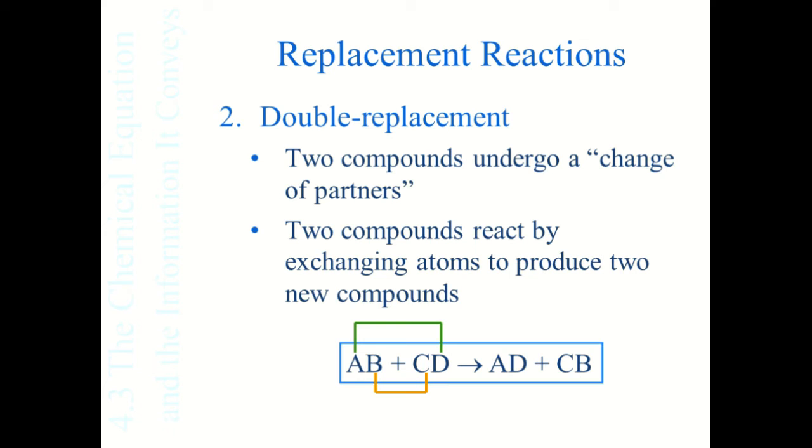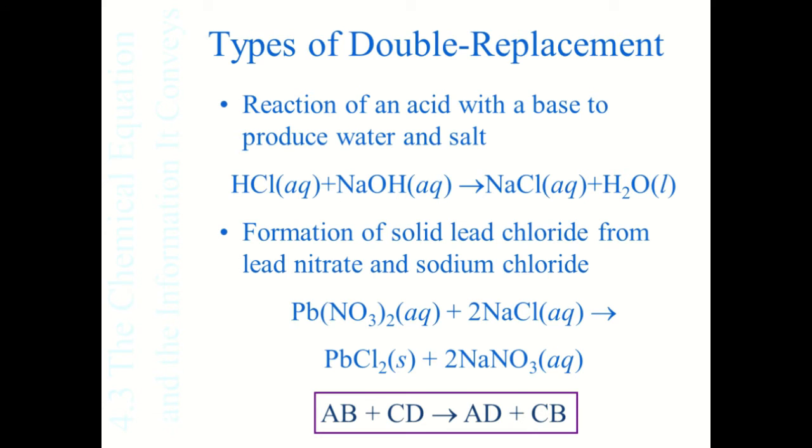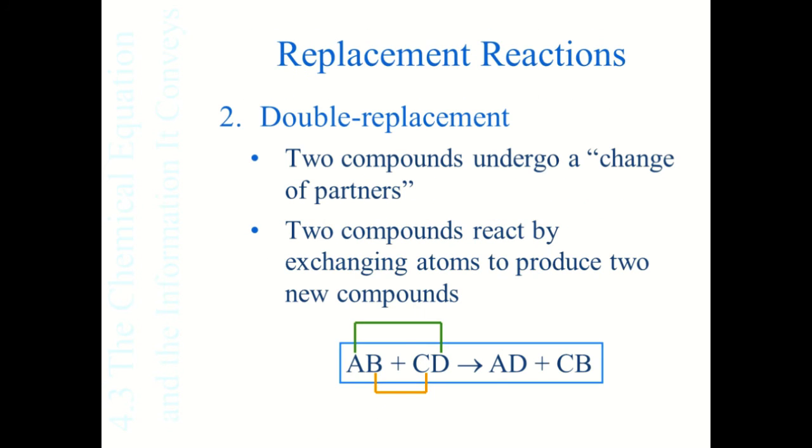Get it, folks? And another thing to remember is the same story. You got to put the charge, swap them, and write them based on their charges. Get it? So I want you all to do this problem for me. It's on the slide, but I'm only going to read it to you. So I'm going to say lead nitrate and sodium chloride. I don't want you to see the slide.